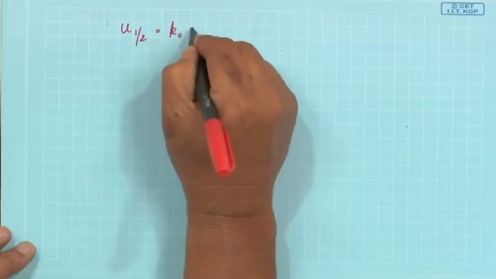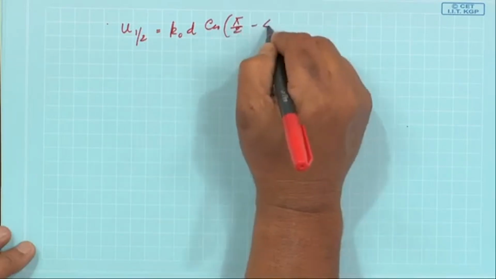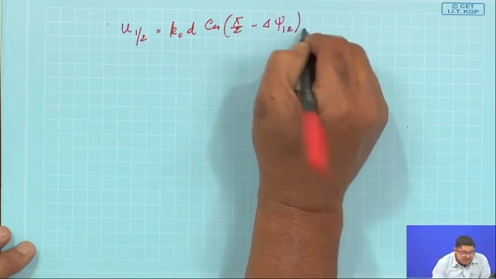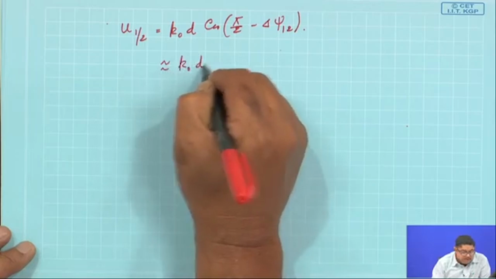But what is u_half? It is k naught d cos of pi by 2 minus delta, and this is k naught d.